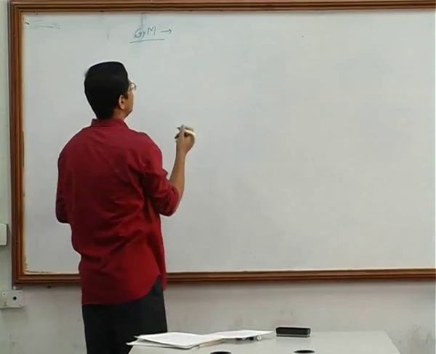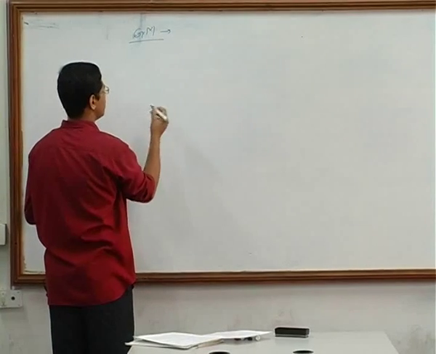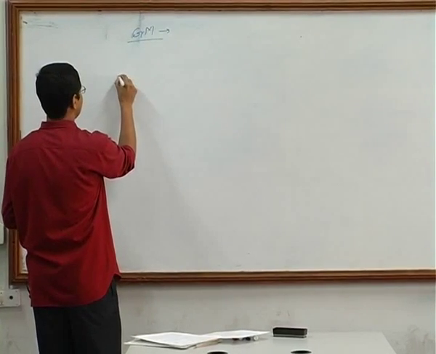The Girvan-Newman algorithm, or GN algorithm, first identifies the betweenness. To understand the notion of betweenness, we will create a graph like this.